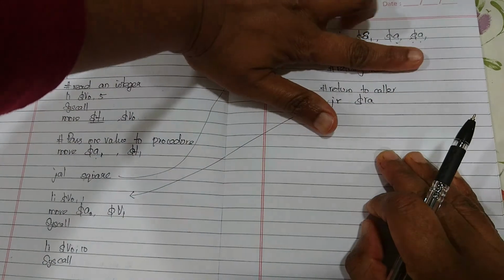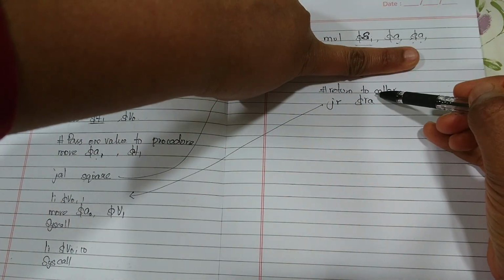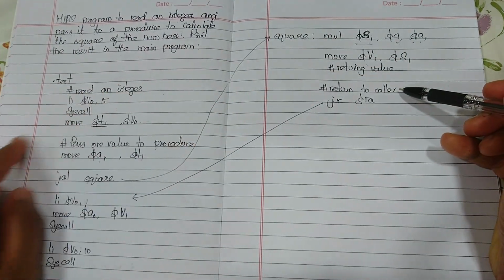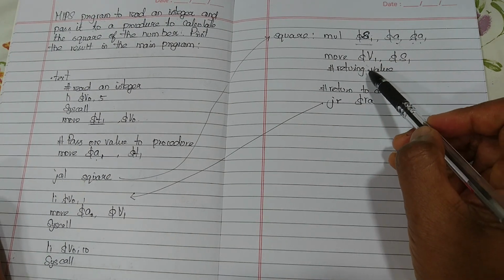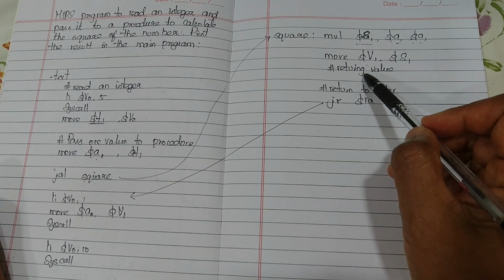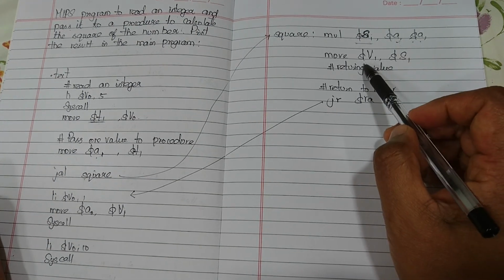If it is in the procedure, I don't have to return. I calculate the square and I print it here. But it says print the result in the main program. So return the value. How to return a value? You move that value to register V0 or V1. Here I use V1. So this means I'm returning a value.